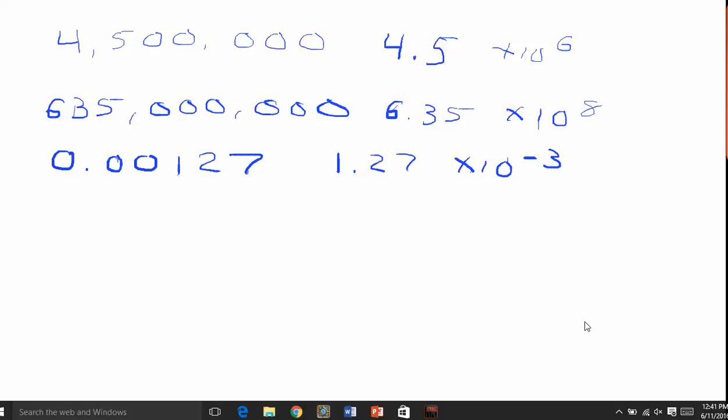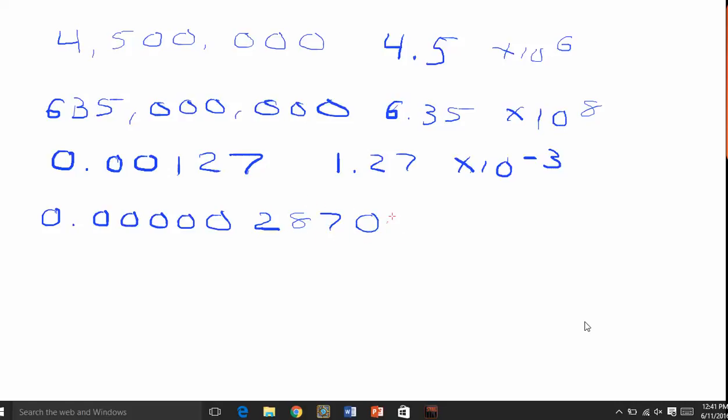Another example, let's say 0.000002870. Now, another issue that can come up here is your significant figures. All 4 of these digits are significant.